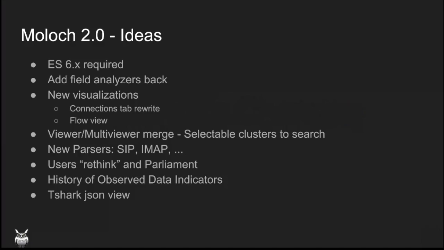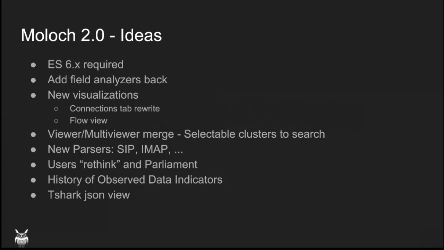hopefully. Viewer, multi-viewer merge. Right now there's confusion about what multi-viewer is and how to use it and how many do I have to set up and why do I even need it and why is it different than the view proxy, and we'd like to get rid of it and merge the functionality so that you have checkboxes for yourself about which clusters you want to search against. So you just configure it with all the possible clusters, and you can say, I want to search A, B, and C, or just A and C, and it just does it.